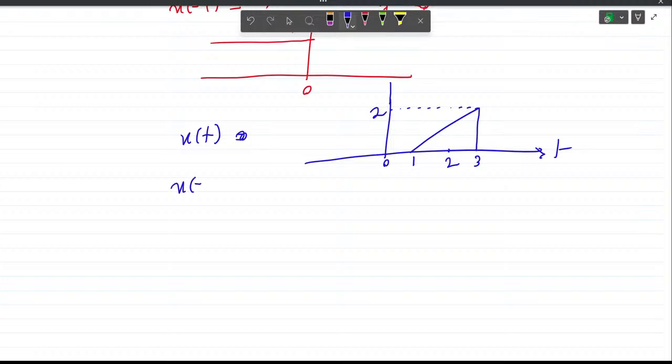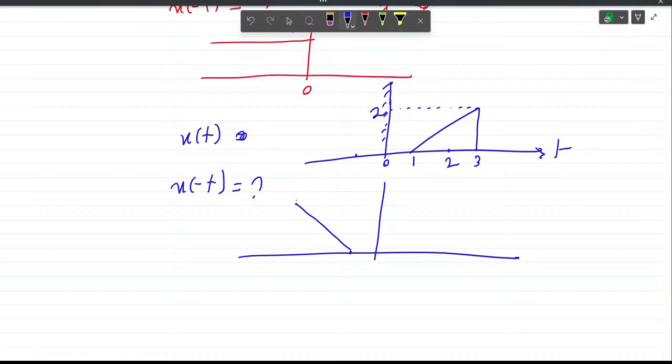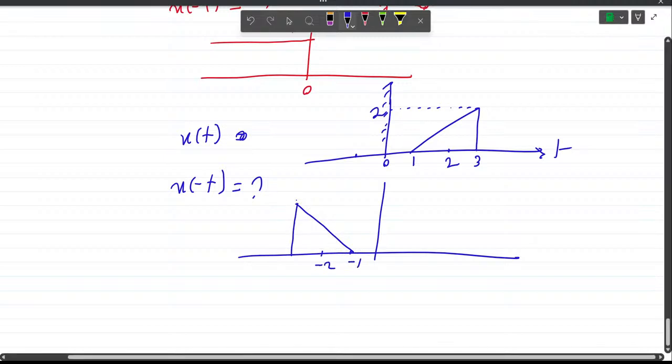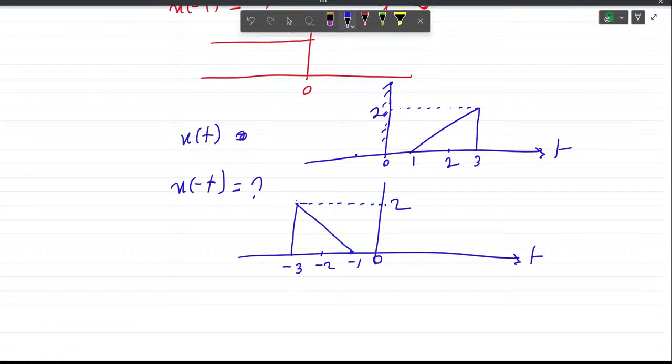What will be the x of minus t? Put a mirror here and see how the image looks. Obviously it will start from here. The mirror distance will be here and it will go like this. Minus 1, minus 2, minus 3, and so this is called the folding.